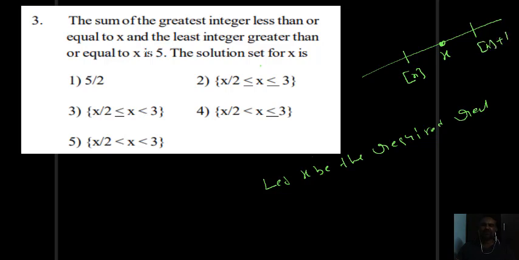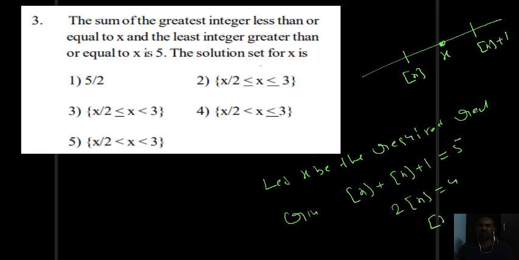Obviously, given floor x plus floor x plus 1 equal to 5, so 2 times floor x equal to 4, floor x equal to 2. Now you want to solve this. For what values of x does this happen? Floor x equal to 2 for x equal to 2 or 2.1, 2.2, 2.3, 2.999, also 2 only.